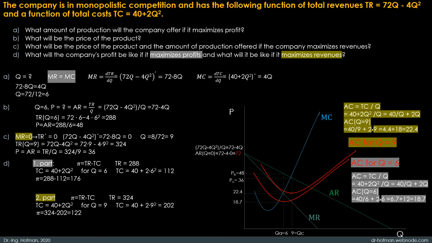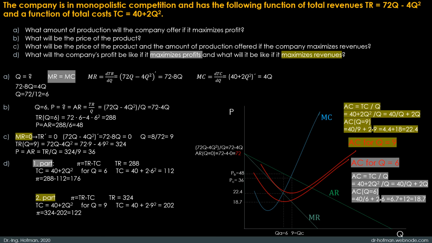That's the derivative of total cost according to Q. 40 plus 2Q squared derivative according to Q is just 4Q. These two expressions for MR, 72 minus 8Q, and for MC, 4Q, should equal each other.